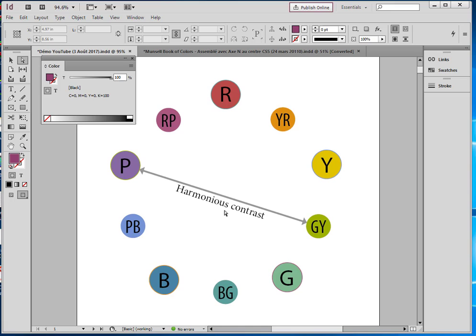That's another discussion. What Mr. Munsell posited, or at least postulated, is that the opponent colors, the colors that are opposed on the circles, would lead to what he calls a harmony of color. So we get harmony 1, we get harmony 2.